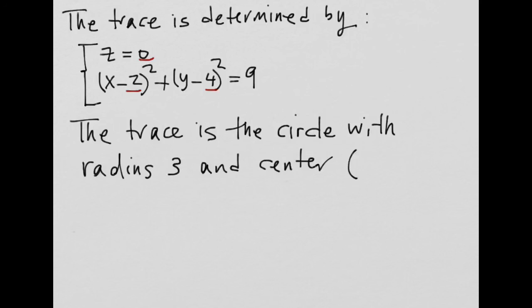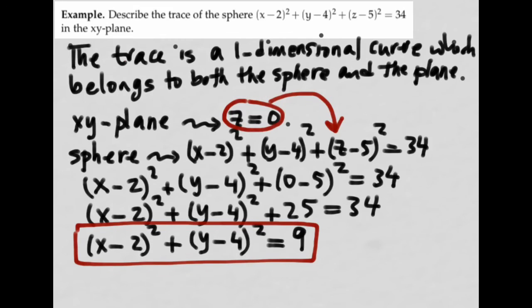So the center is 2, 4, 0. Since the z-coordinate is 0, notice how the circle sits in the xy plane. So that is the trace of the sphere x minus 2 squared plus y minus 4 squared plus z minus 5 squared equals 34 in the xy plane.